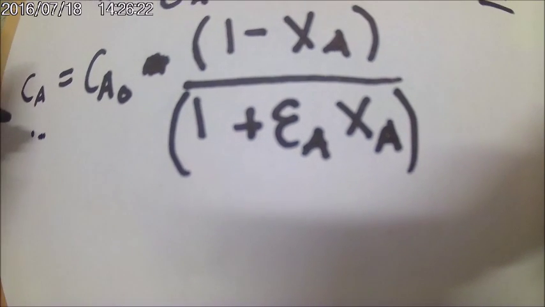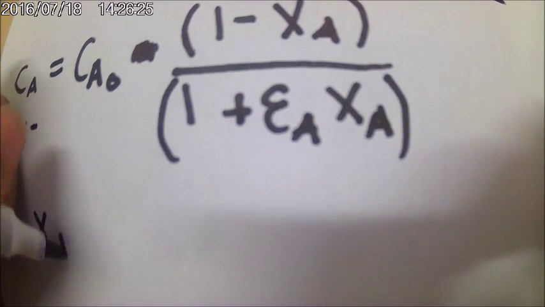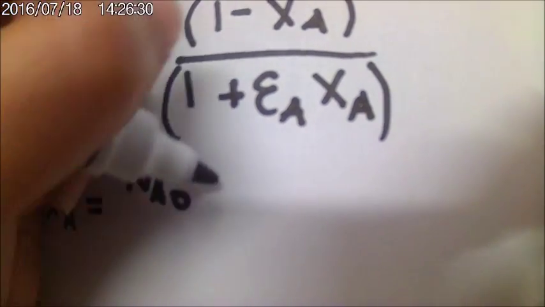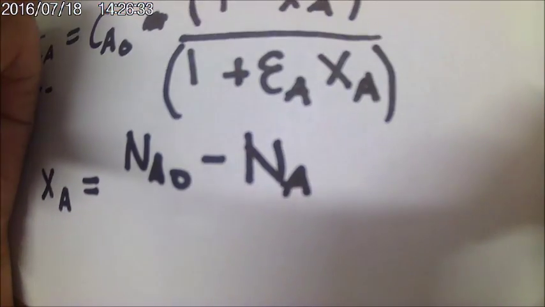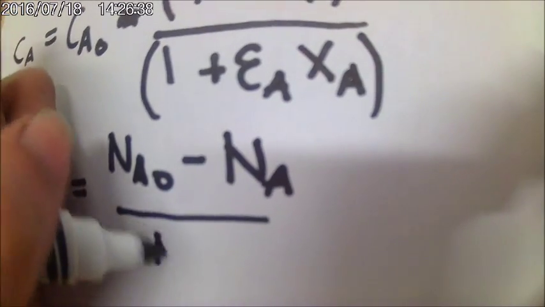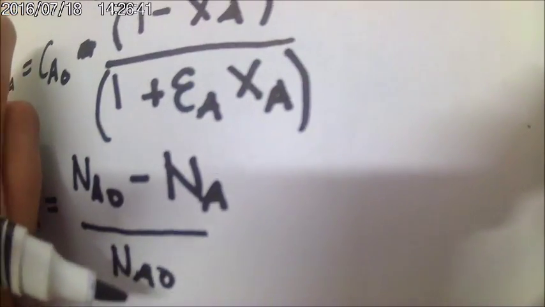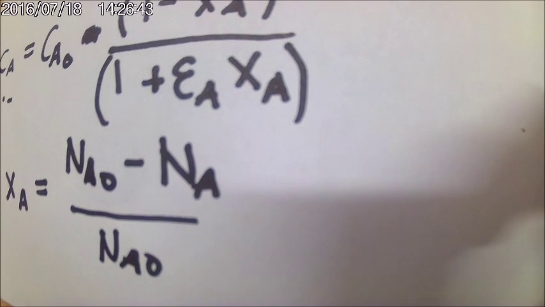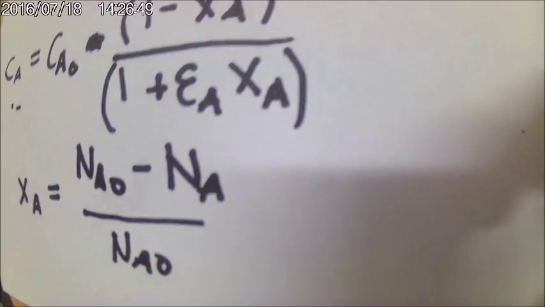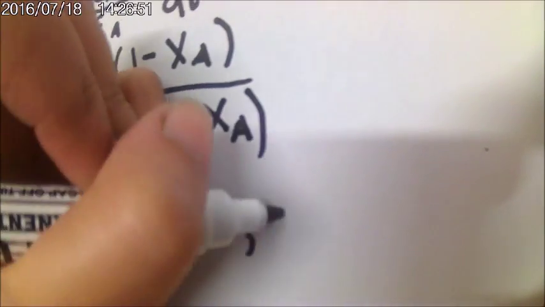This is from the definition of XA, which is NA naught minus NA over NA naught, where NA is equal to NA naught times 1 minus XA.